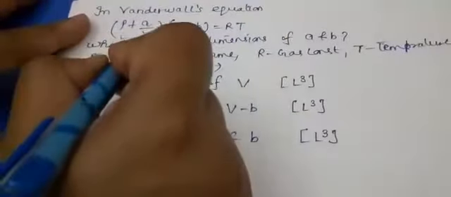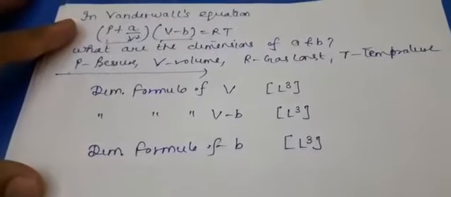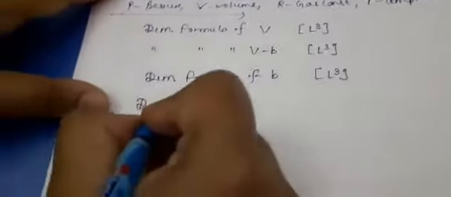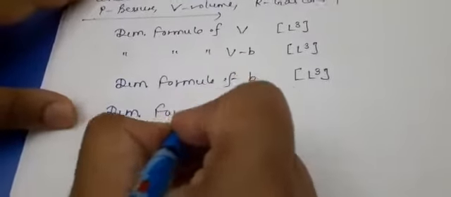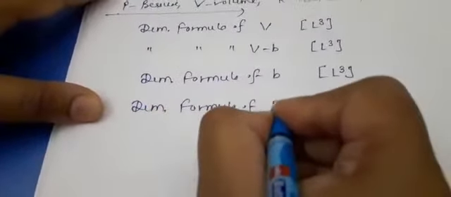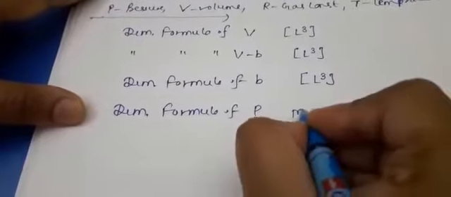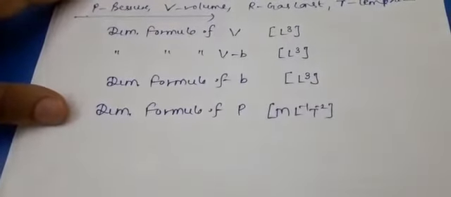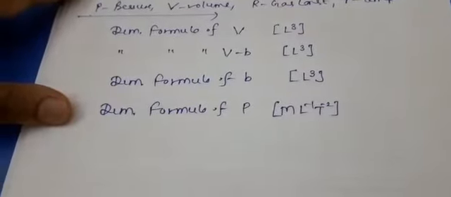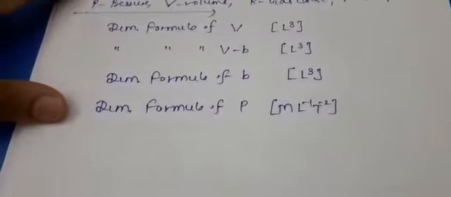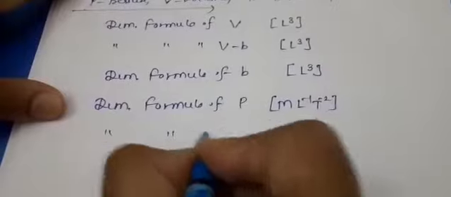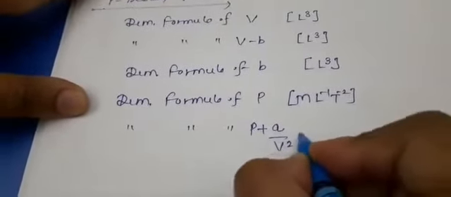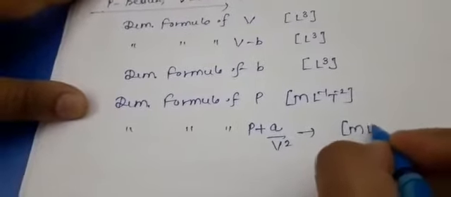Now coming to this portion, again it is the sum of two like quantities. As P is pressure here, the dimension formula of pressure we have already used in the previous numericals, so I am taking it directly. This is M L⁻¹ T⁻². Now the dimension formula of P plus a by V² must also be the same.